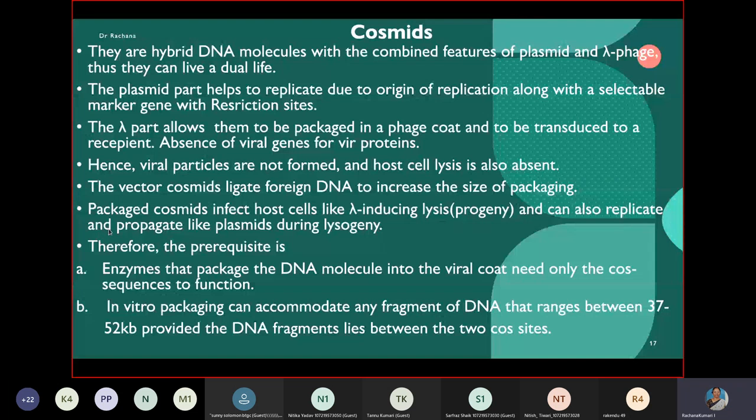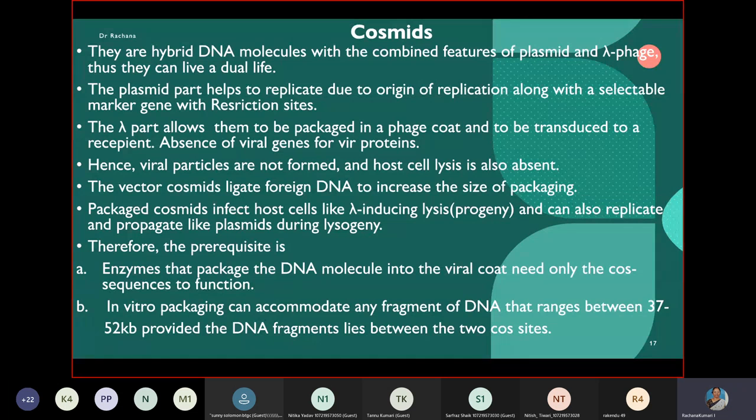They can replicate and propagate like plasmids. Because of the presence of the origin of replication, they need not get incorporated into the bacterial genome, but can stay in the bacterial cell and replicate, forming multiple copies of the plasmids.